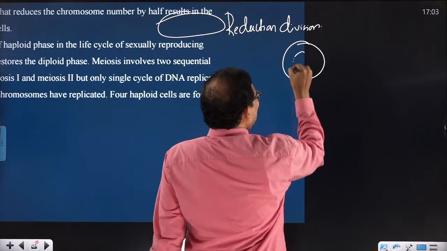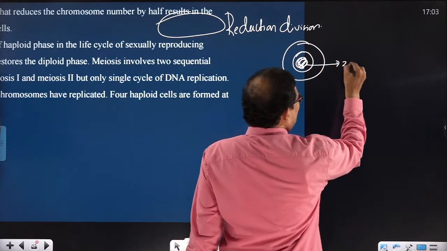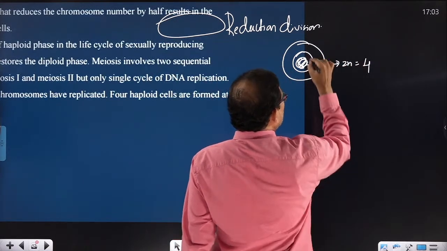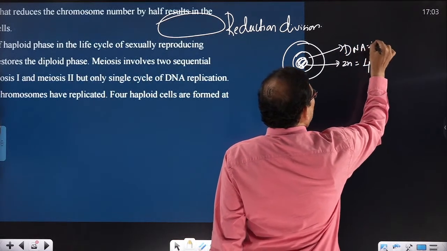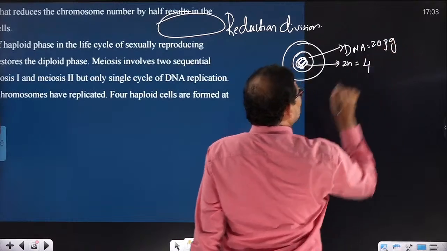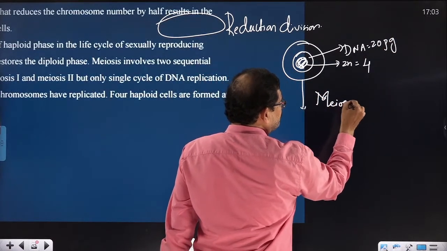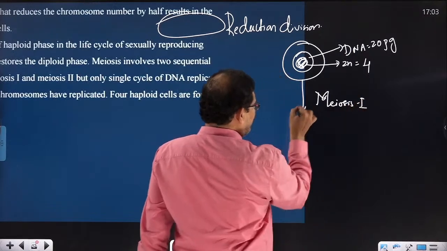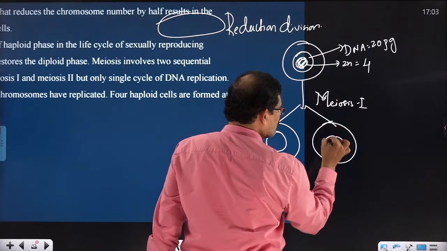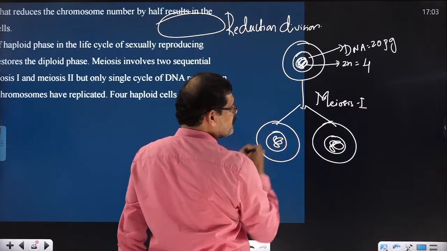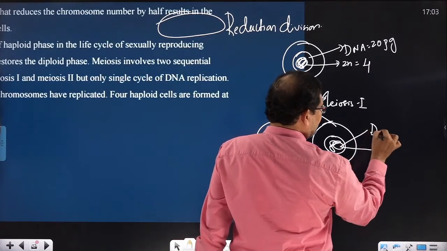Single cell, it has nuclear material, and this is 2n equal to 4 chromosomes, and the amount of DNA is 20 picograms. It undergoes the division called meiosis 1, and it forms two cells. In this cell, what will be the DNA?